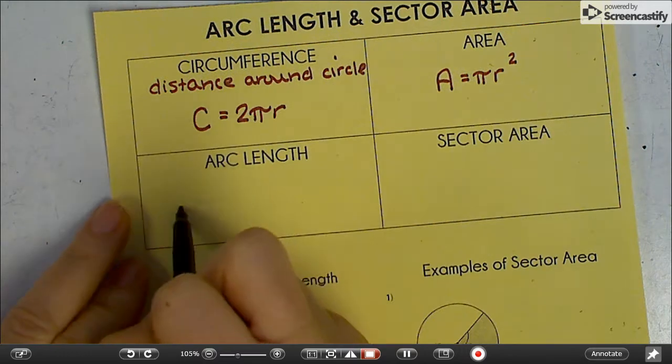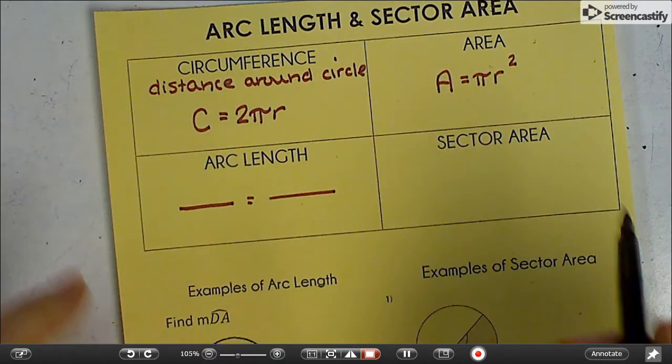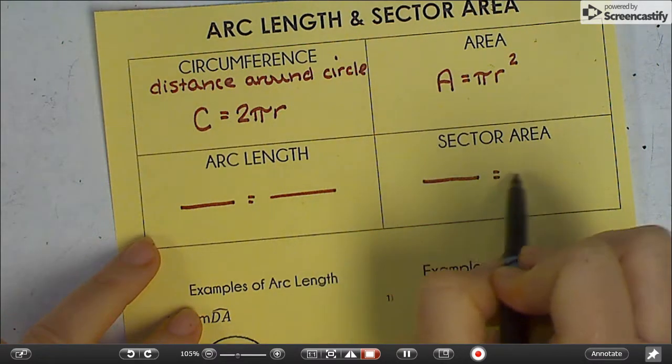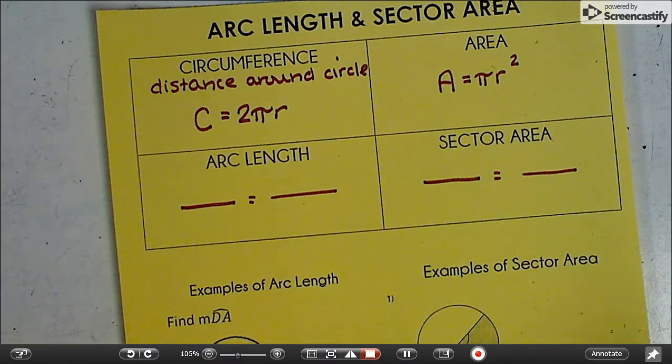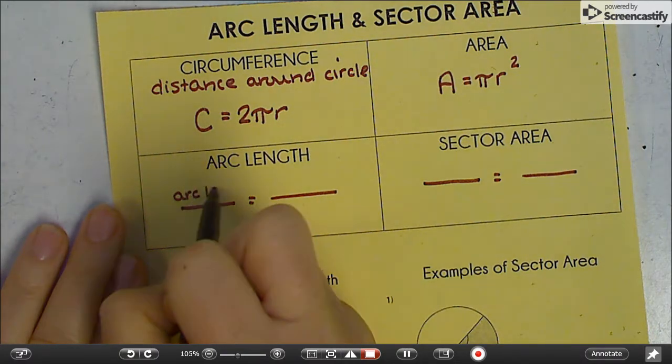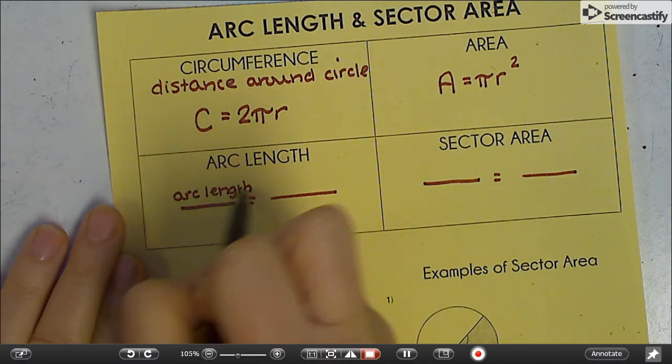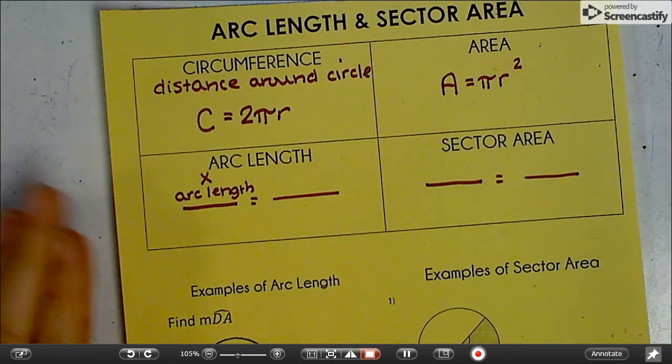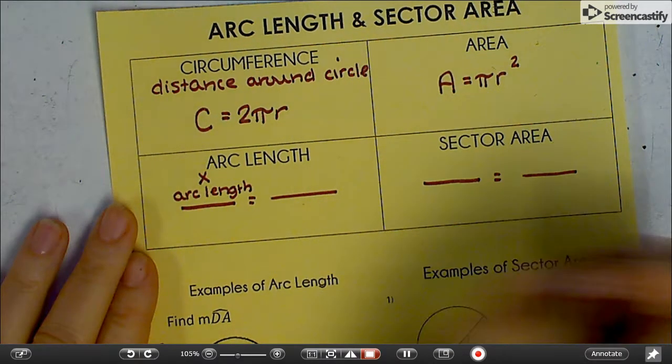To find arc length, I use this proportion. There are other ways to do it, but I have found this to be the most successful with the most students. We're going to use a proportion, and this is the arc length right here. Usually this is what we're looking for. Usually. Sometimes we'll be looking for something different.